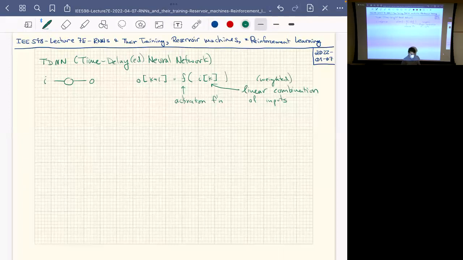And so the big difference here is that we have this difference in time. It allows for a sort of memory storage in a neuron.